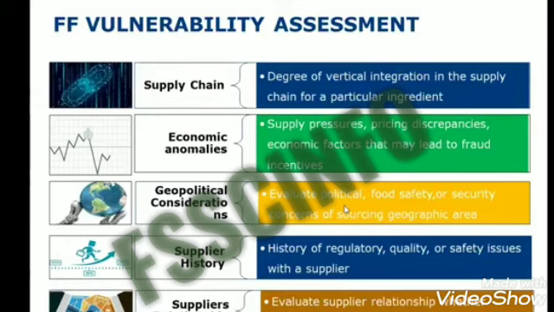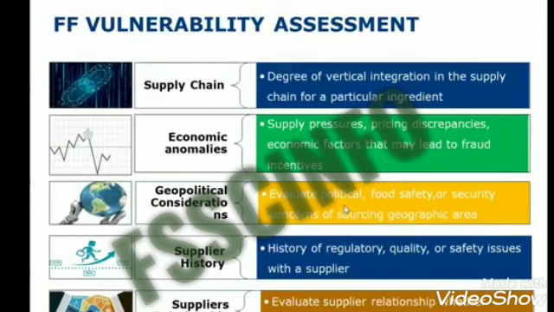You have to see how the economic pressures are going on. You have to see price discrepancies in the market and economic factors. As I have shared in my previous slides, you have to see the economic anomalies, economic pressure, economic viabilities, so that you can have an idea that, okay, my raw material supplier, my product supplier, my packaging supplier can play or not.